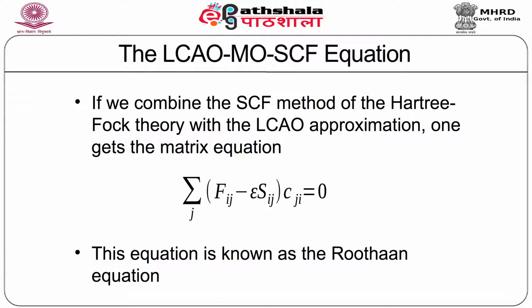If we combine the SCF method of the Hartree-Fock theory with the LCAO approximation, one gets the matrix equation sum over j (F_ij minus epsilon S_ij) C_ji equals 0, and this equation is known as the Roothaan-Hall equation.